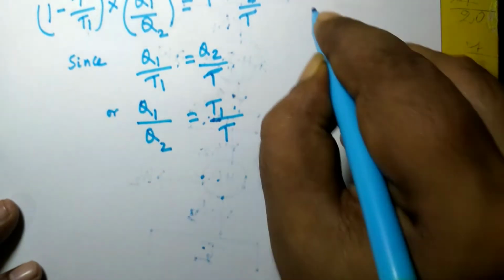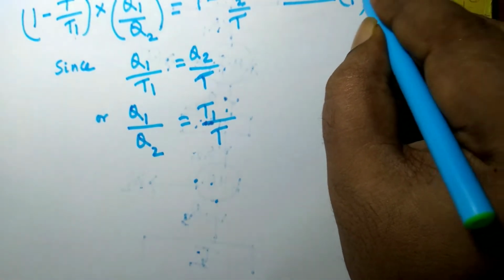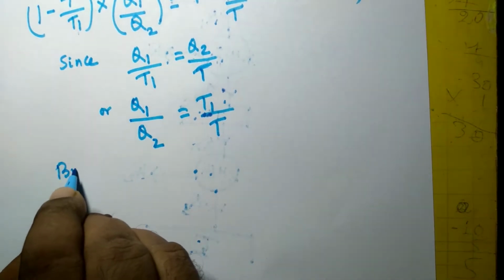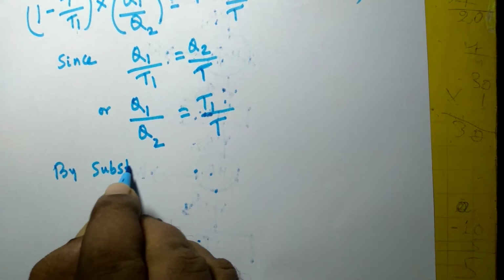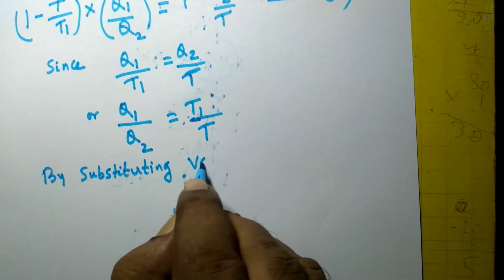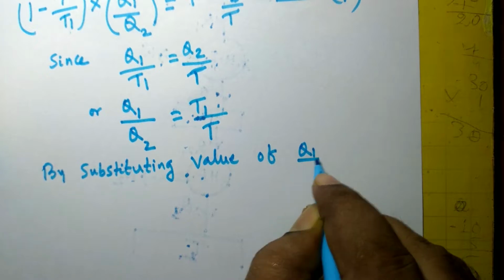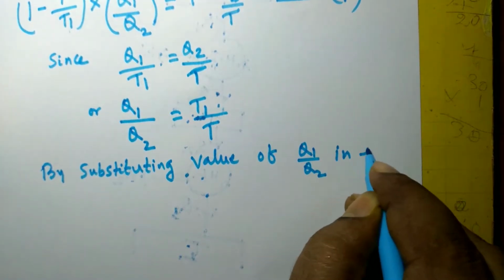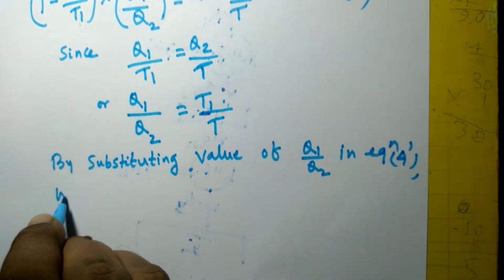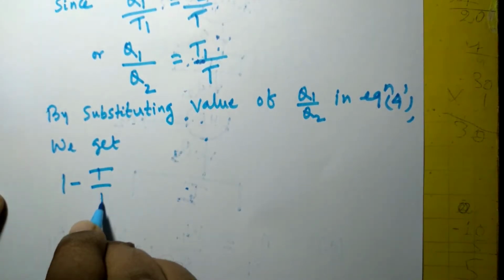Suppose this is equation 4, and this is equation 4 dash. By substituting the value of Q1 by Q2 in the equation, we get 1 minus T upon T1.